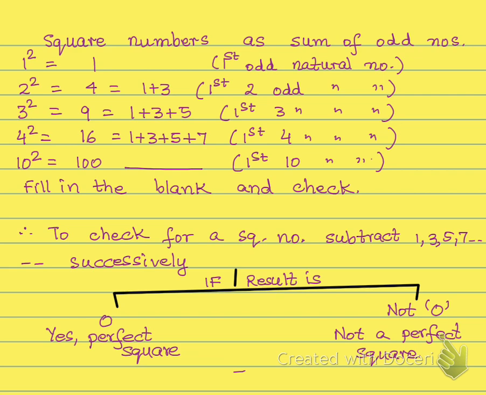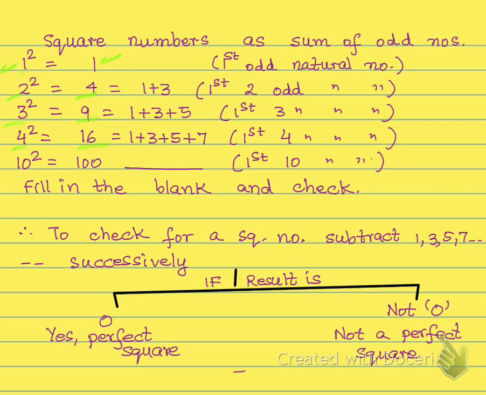Again, another interesting thing: square numbers as sum of odd numbers. What I would encourage you to do is to write it yourself. 1 square is 1, 2 square is 4, 3 square is 9, 4 square is 16, simple, right?